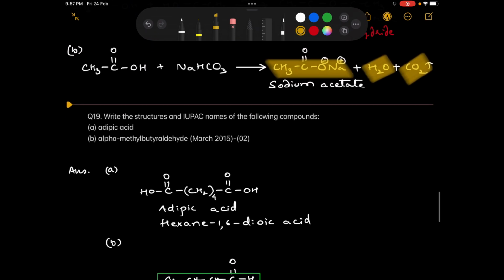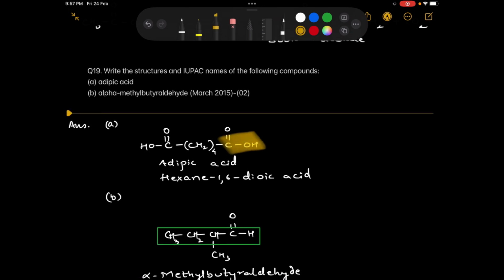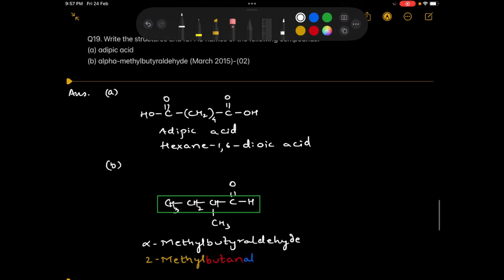The next one, write the structures and IUPAC names of the following compounds. The first is adipic acid. Now adipic acid consists of 6 carbon atoms. 2 of them are the carboxylic groups and the other 4 in between are the methylene groups. Now this is called adipic acid. The IUPAC name is hexane-1,6-dioic acid. See the next one, alpha methyl butyraldehyde.